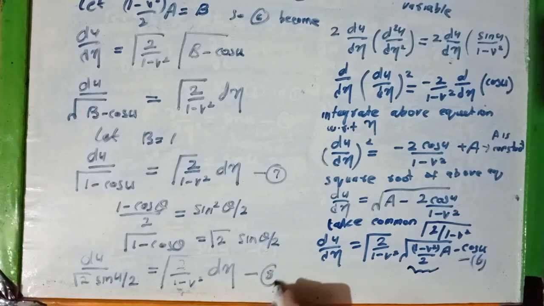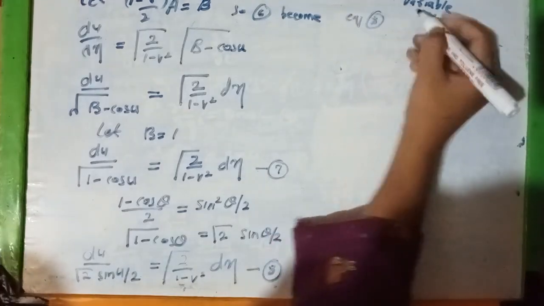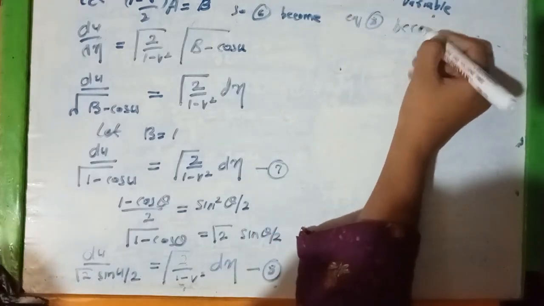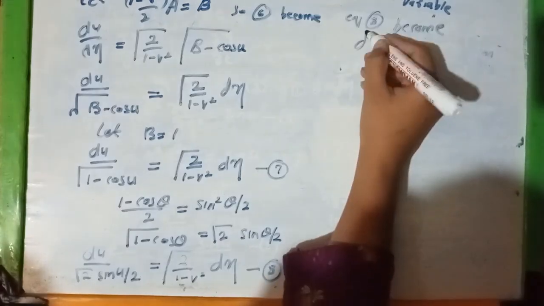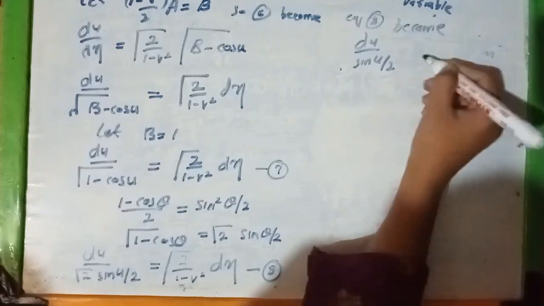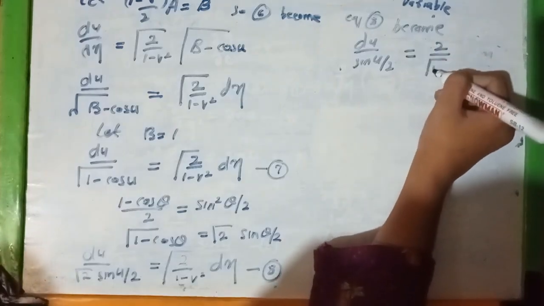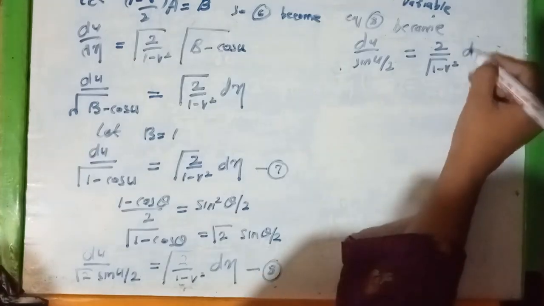This is equation number 8. Equation 8 becomes du over sin(u/2) is equal to 2 over the square root of (1 − v²) dη.